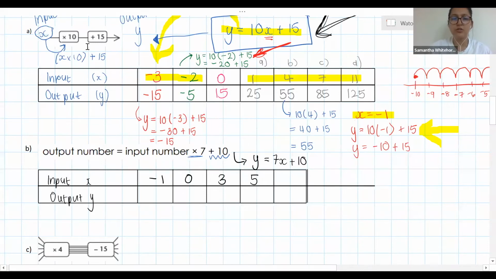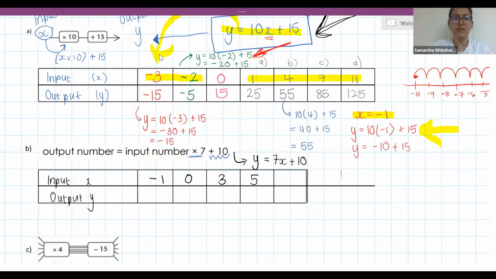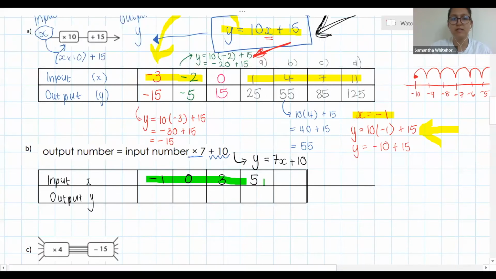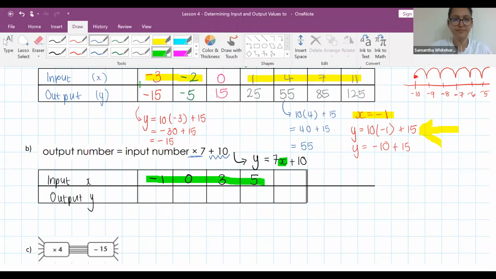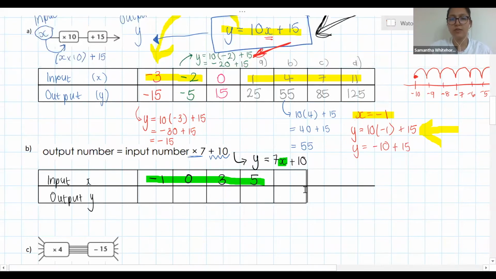So what we want to do is take each of these inputs, so each of these x's, and substitute it in place of this x and find out what our corresponding y would be. So guys, the whole thing that we're going to use here is essentially substitution, because if we know what x is, we can substitute to find y.